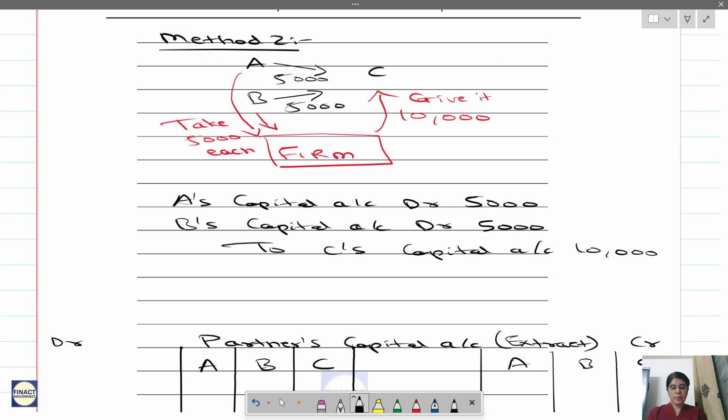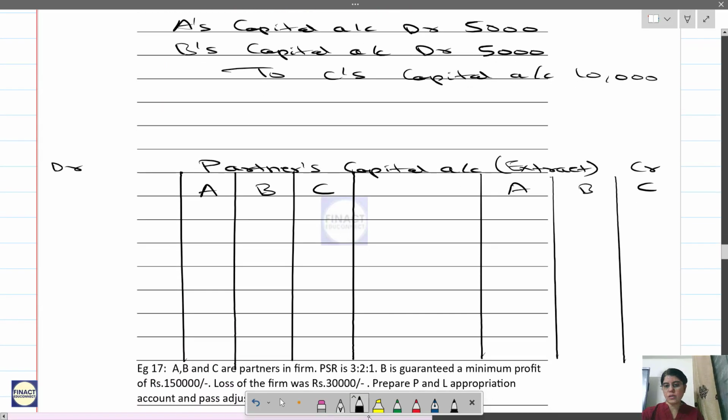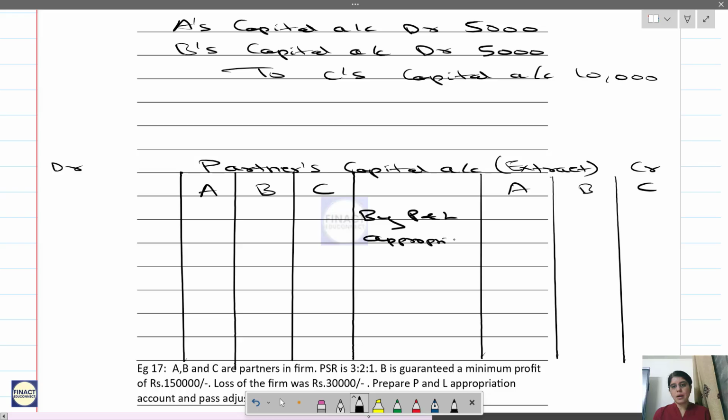Now let us just prepare the extract to see the net effect. So extract of partners' capital account. First is by P&L appropriation account. How much was the initial distribution of profit? We will use that: 2 lakhs, 1,60,000 and 40,000. Correct.